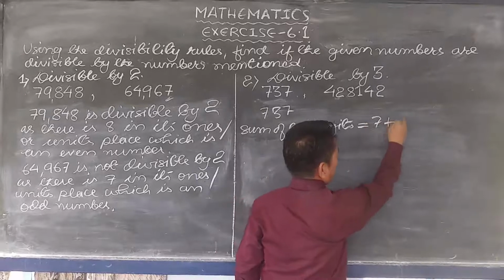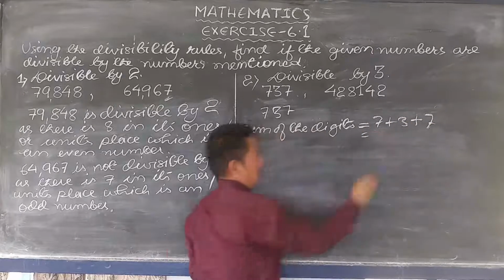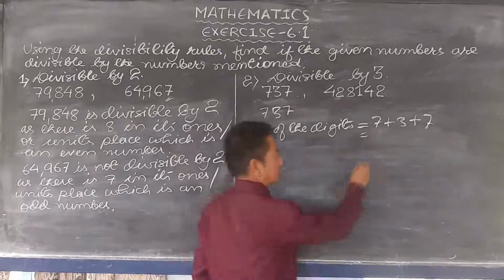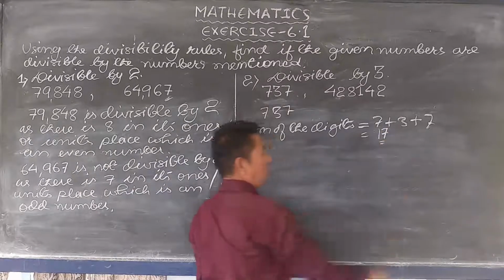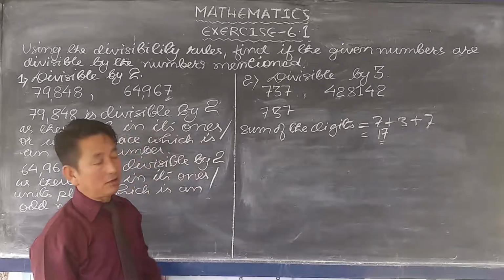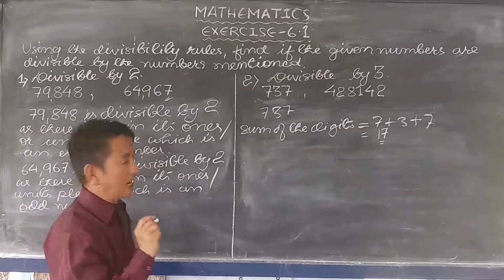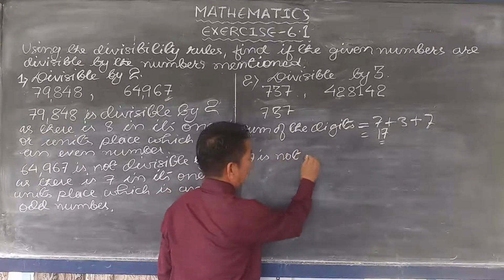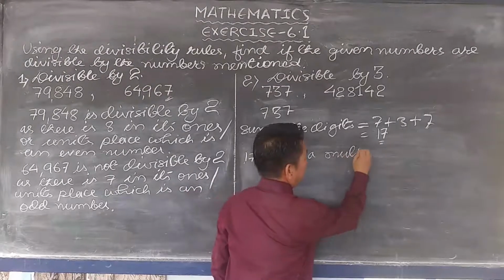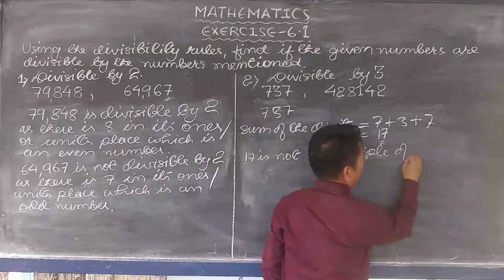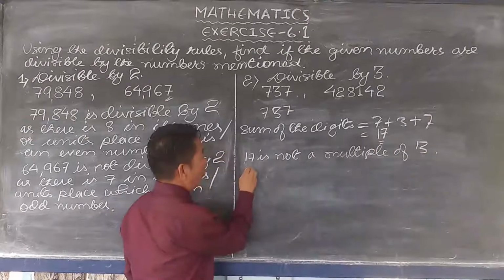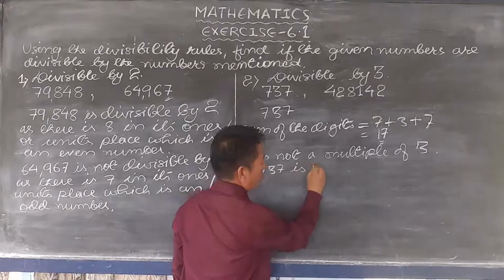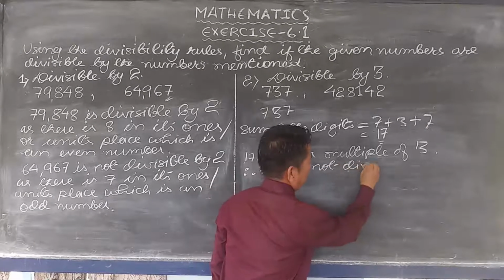Equals 7 plus 3 plus 7. 7 plus 3, 10. 10 plus 7, 17. 17 is not a multiple of 3. Therefore 737 is not divisible by 3.